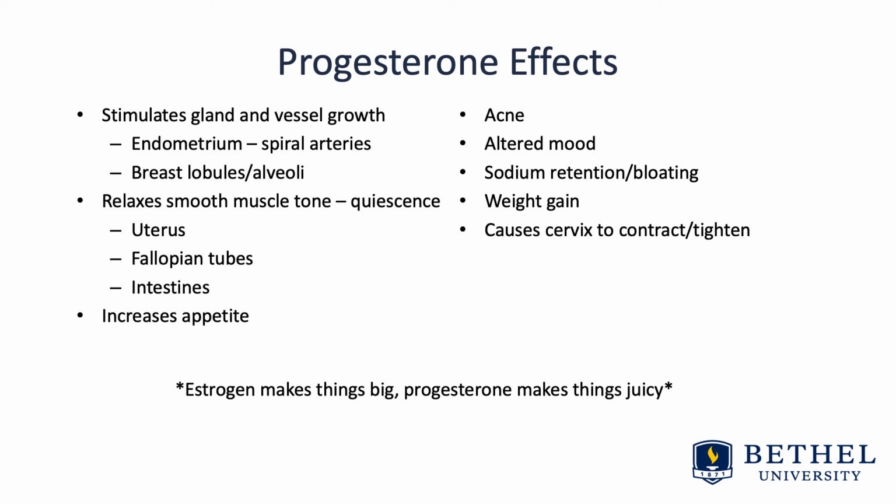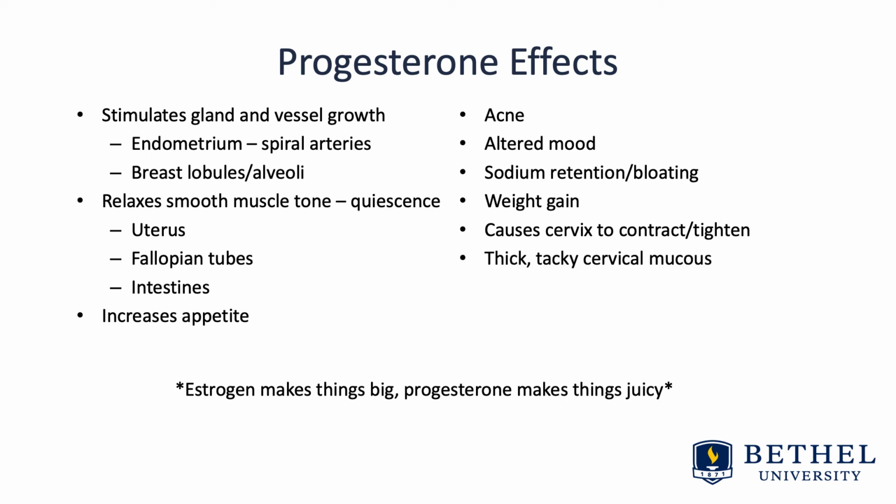It also causes the cervix to contract and tighten. So that's going to make you less likely to get pregnant. Or if you do have a pregnancy, then that tightening of the cervix is going to keep that baby a little bit more protected because we don't need anything going up into the cervix when we're in a luteal phase or when we're pregnant. So that keeps that environment beyond the cervix more sterile.